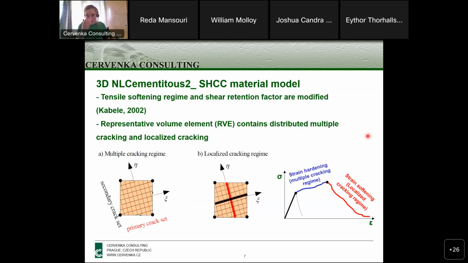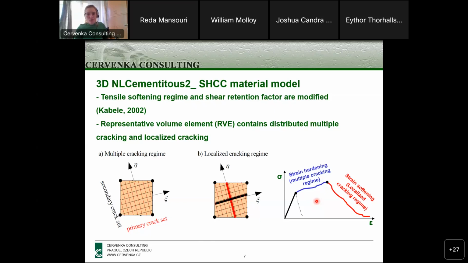The Cementitious 2 Strain Hardening Concrete Composite is mainly developed for high performance concretes and ultra high performance concretes, and it has a modified tensile softening regime and shear retention factor. That was introduced by Kabele, and he also introduced the representative volume element that contains distributed multiple cracking and localized cracking, which are visible in these pictures. What is interesting about this material model is that it accounts for the fibers in open cracks.